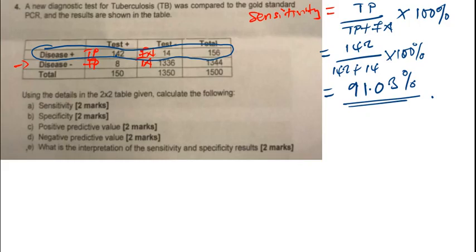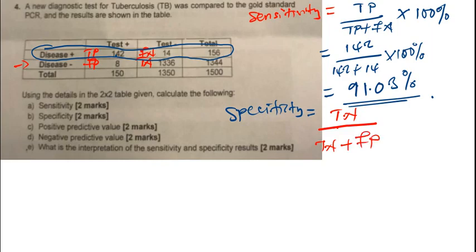So specificity is equal to the ability of the test to pick up true negative results. That is true negative divided by the same true negative plus the false positive.